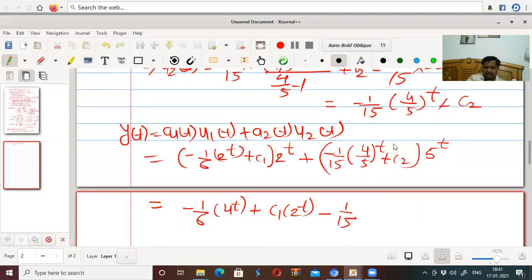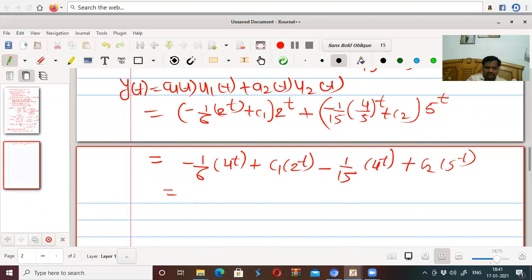Now 5 to the power t cancels with 5 to the power t, 4 to the power t plus C2 into 5 to the power t, which is equal to C1 2 to the power t plus C2 5 to the power t, with 4 to the power t as it is, times minus 1 by 6 minus 1 by 15.